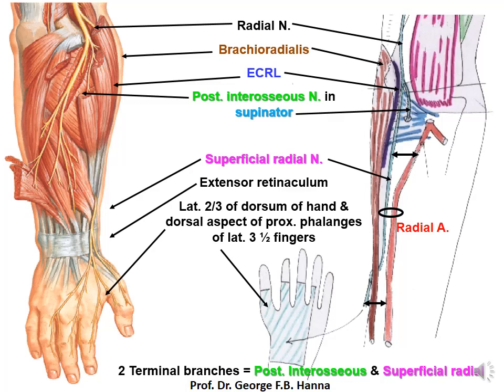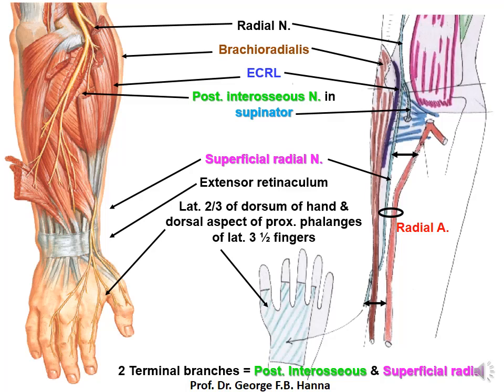On the lateral side of the diagram here and here, this is brachioradialis in brown. And as you go downward, now extensor carpi radialis longus arises. It is colored blue on the right side of the diagram.